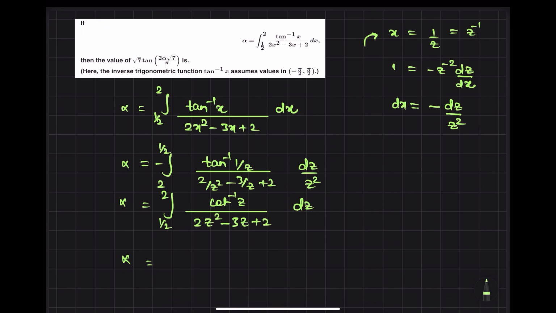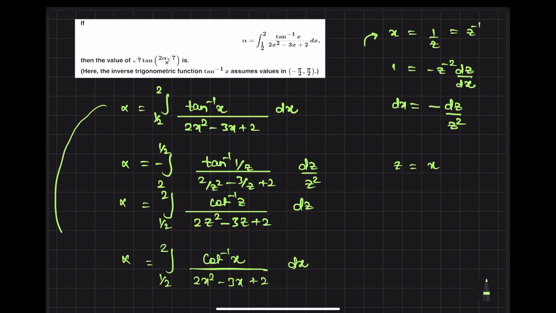Means we are comfortable with x, not z. So what you can do, you can directly replace z with x, or take z as x and then do the differentiation, you will get the same thing. So we will have integration from 1 by 2 to 2 of cot inverse x upon 2x square minus 3x plus 2 dx.